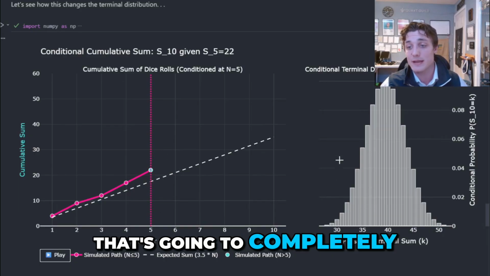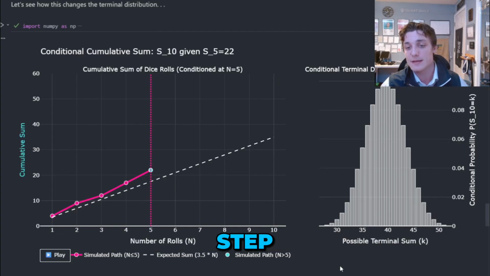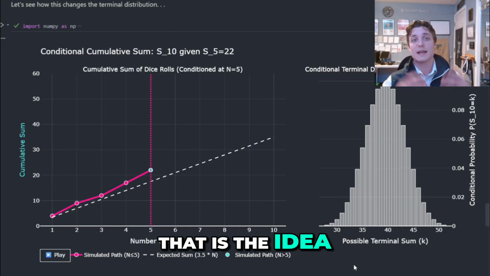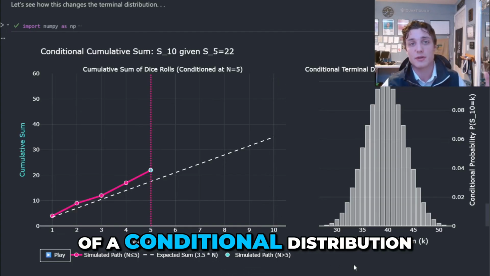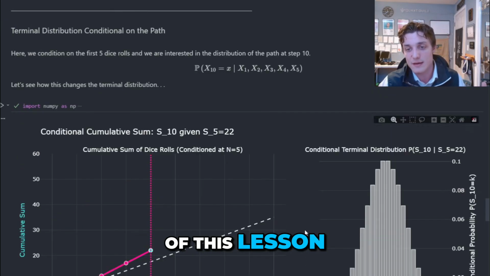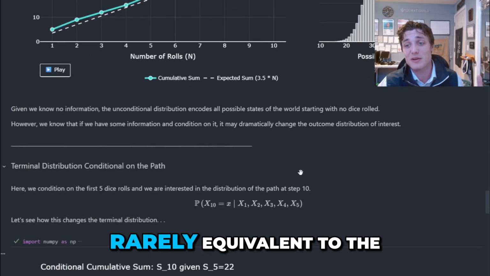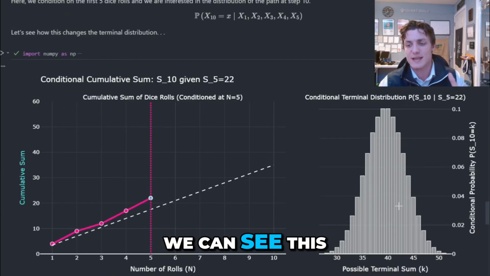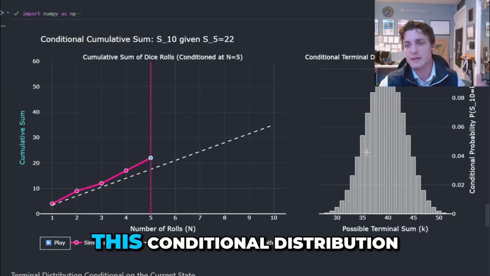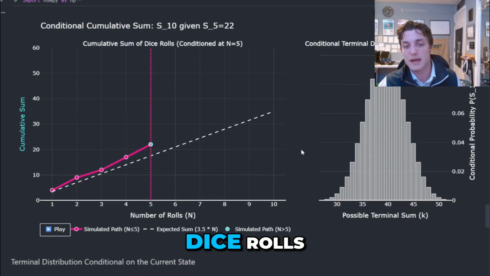That's going to completely change the distribution at step 10. That is the idea of a conditional distribution, just like we talked about at the start of this lesson. We said that the unconditional distribution is very rarely equivalent to the conditional one. We can see this conditional distribution, given these first 5 dice rolls, is completely different.